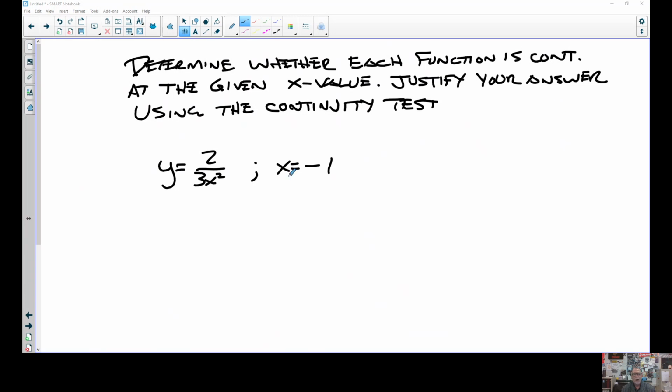And I want to clear that out. I'm going to put this function in, 2 divided by, in parentheses, you got to make sure you have parentheses around this bottom part, 3x squared, and close the parentheses.